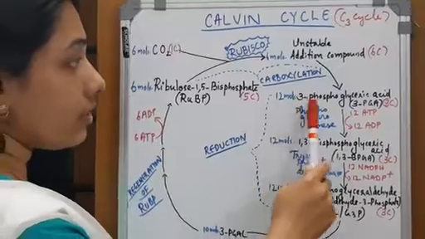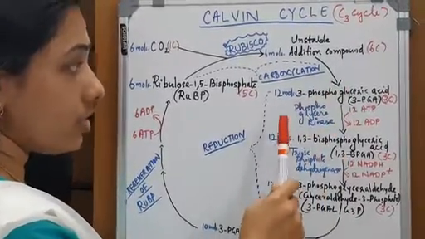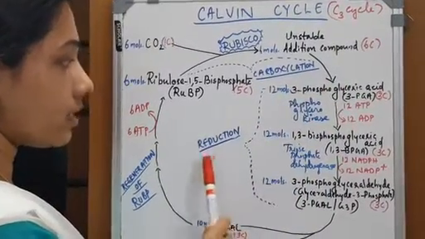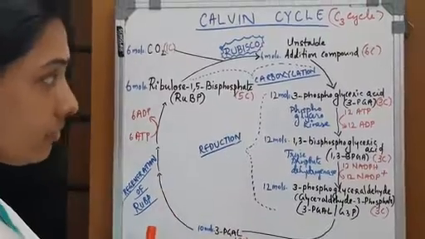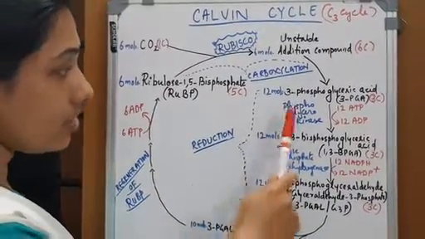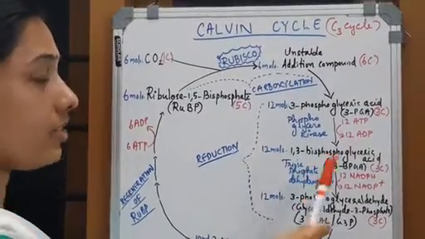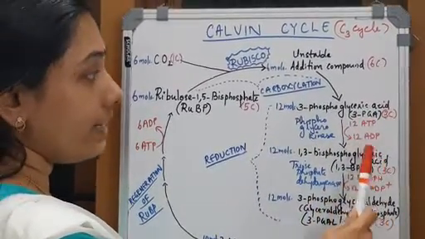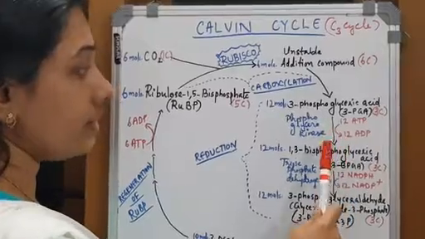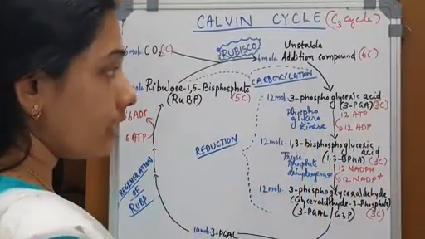Now the product of carboxylation, the 3-PGA, enters the second phase of the Calvin cycle, the reduction phase. The reduction phase is accomplished in 2 steps. The first step is an activation phase in which the ATP produced in the light reaction is utilized to activate the 3-phosphoglyceric acid.